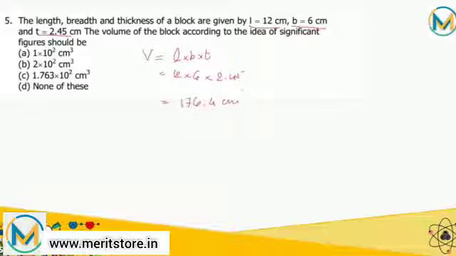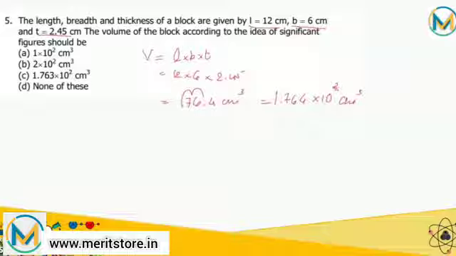176.4 centimeter cube. Now if I move the decimal two digits, it turns out to be 1.764 into 10 raised to 2 centimeter cube. Since the minimum number of significant figures is 1 in the breadth, the volume will also contain only one significant figure.